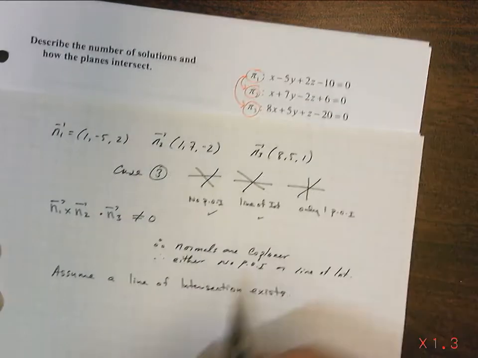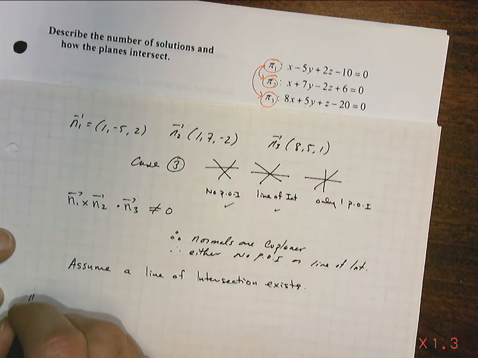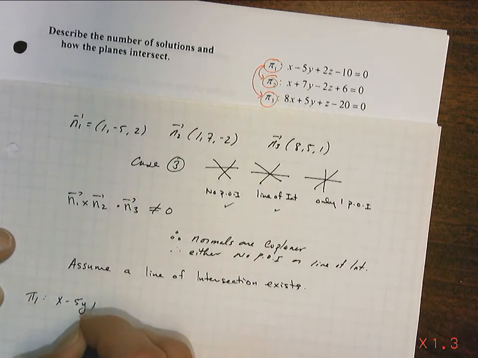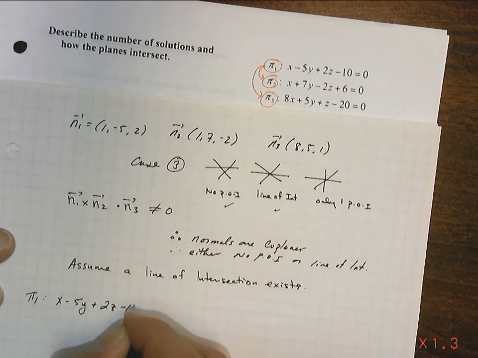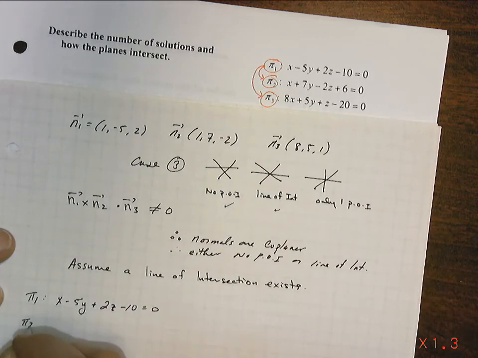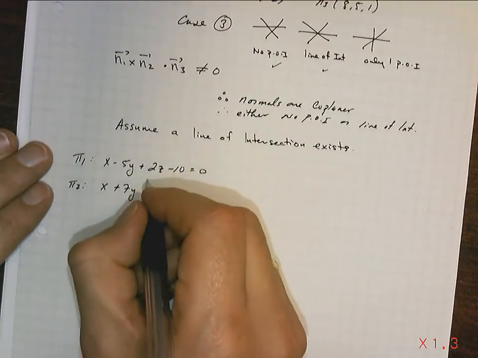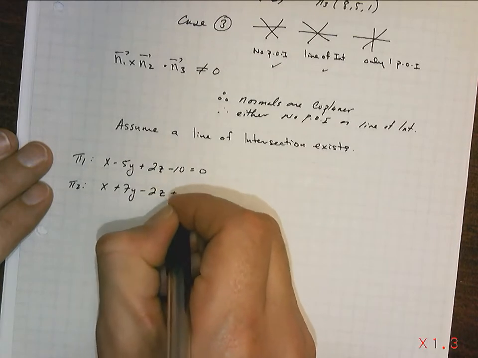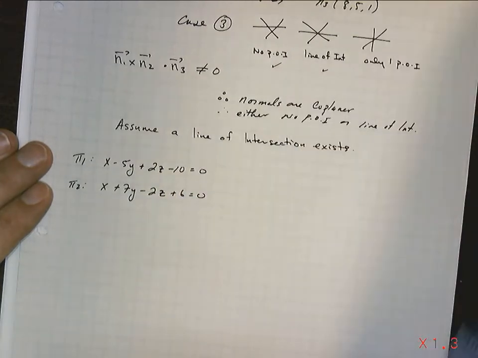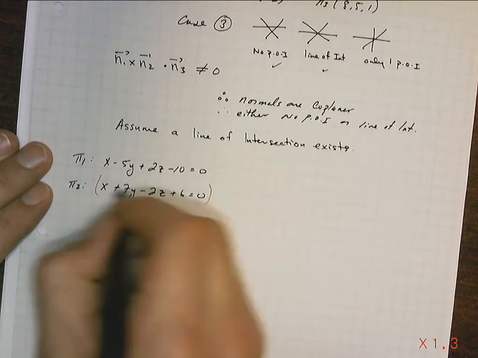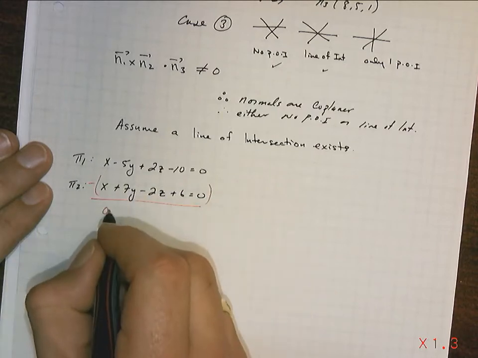Okay, so I'm going to start with plane 1, which is x minus 5y plus 2z minus 10 equals 0. And plane 2, which is x plus 7y minus 2z plus 6 equals 0. I'm going to get rid of the x's, so that's going to be 0x.